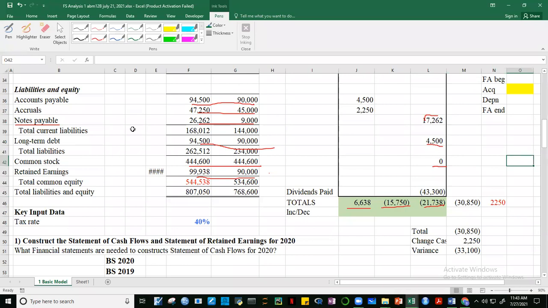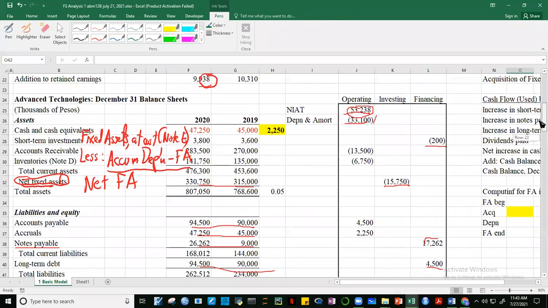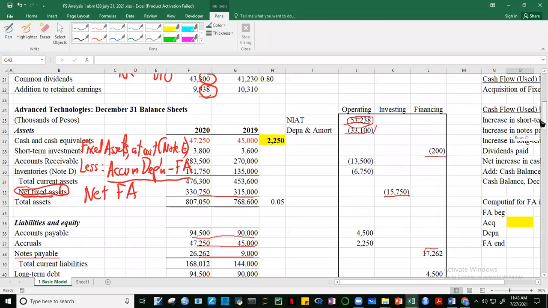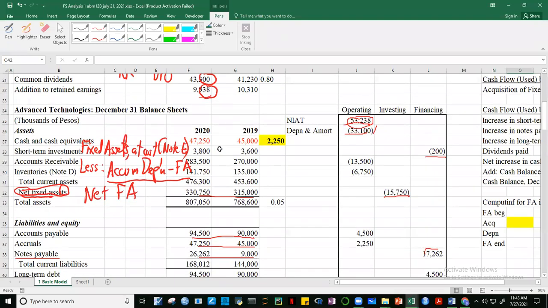Hans, your comment, please send it to everyone. Okay, the comment of Hans and the comment of Mark. Ada, thank you so much for the suggested answer. Hans and Mark say: isn't the depreciation added?